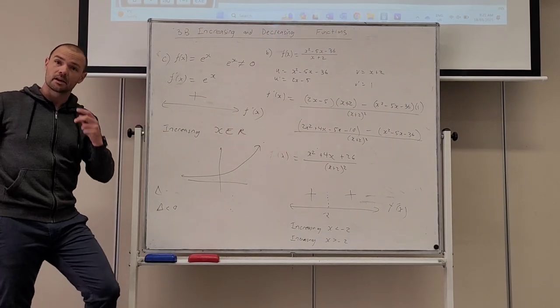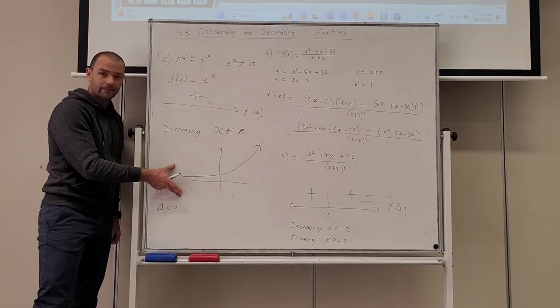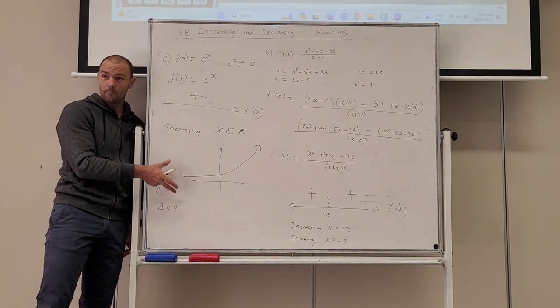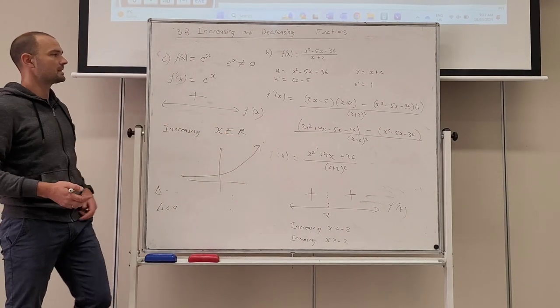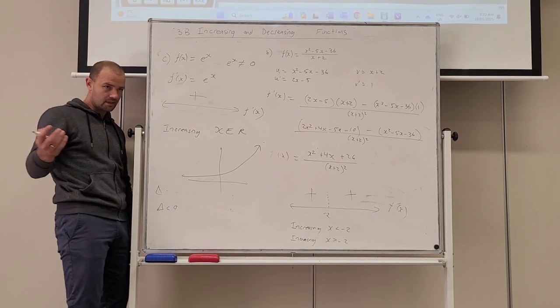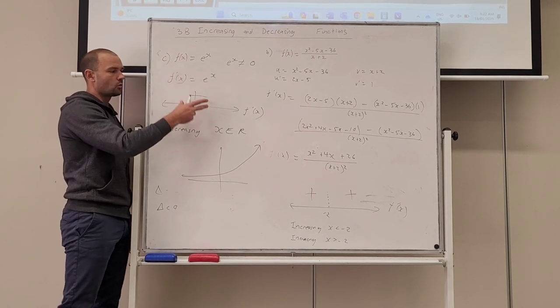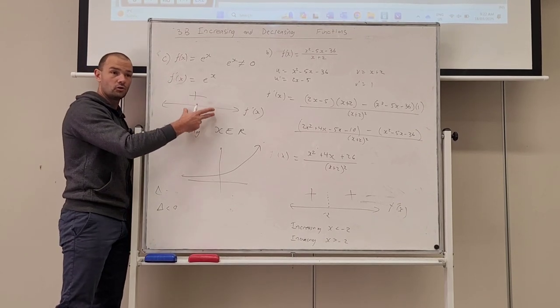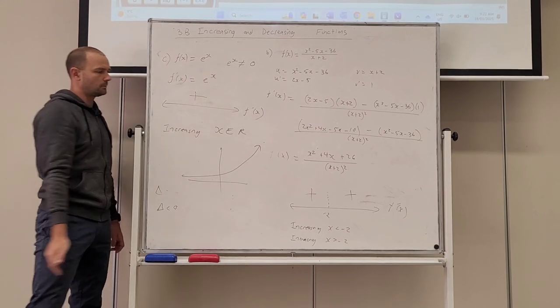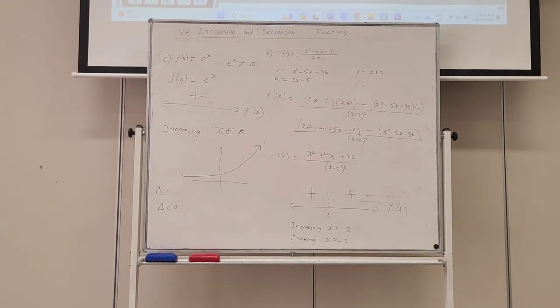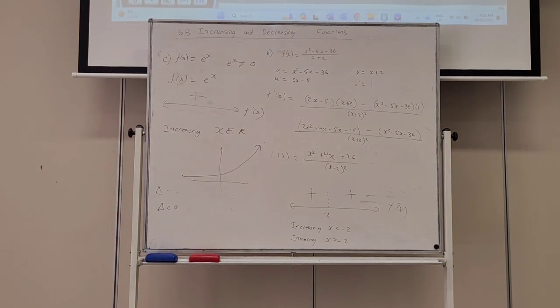So you can look at the original graph and observe where it's increasing and decreasing, but what we really want to do is use these calculus techniques. What's the process? Differentiate, draw the sign diagram of the derivative, and then use the derivative to make statements about the original function. Use your calculator to help you out to get those sign diagrams. But that's how we're going to do 3B. Let's get into it.